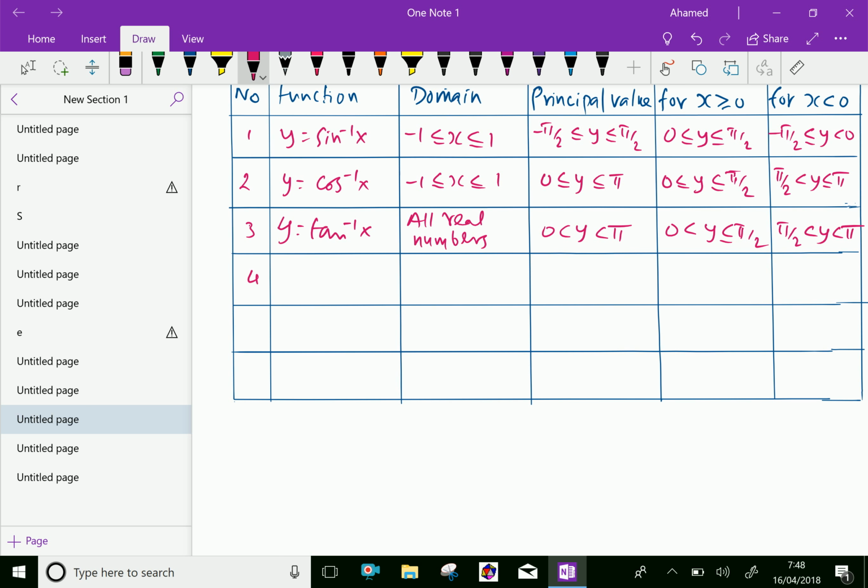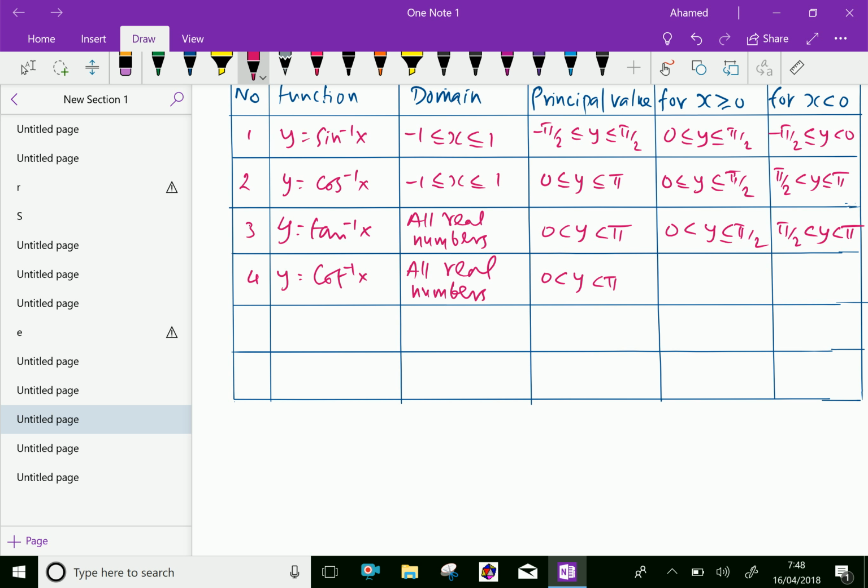Then fourth, y equal cot inverse x, all real numbers. Domain is all real numbers, and principal value is 0 at least 0 lesser than y, lesser than pi.